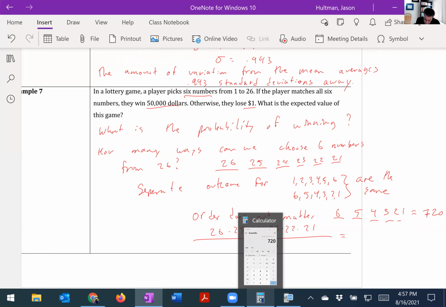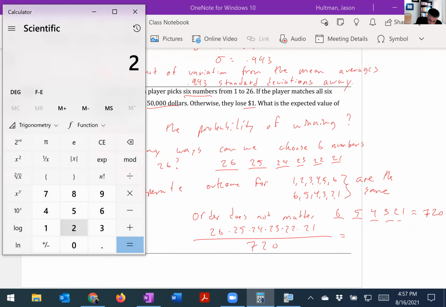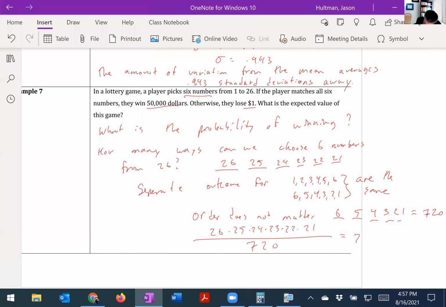So let's do that on the calculator. 26 times 25 times 24 times 23 times 22 times 21 equals a very big number. Now let's divide by 720, and I get 230,230.